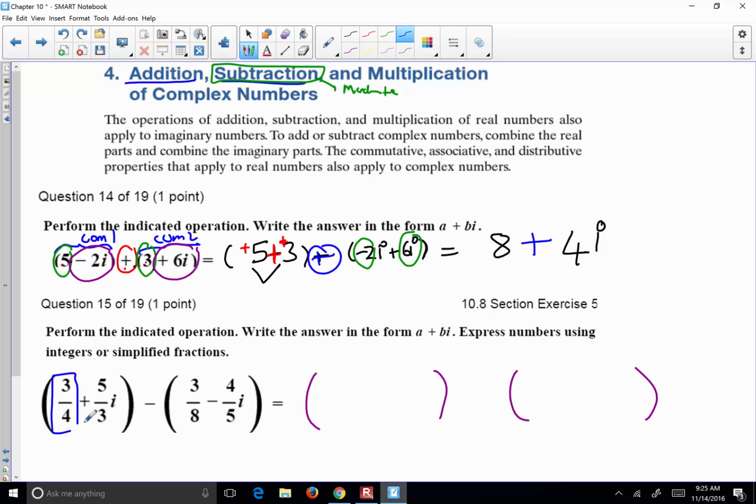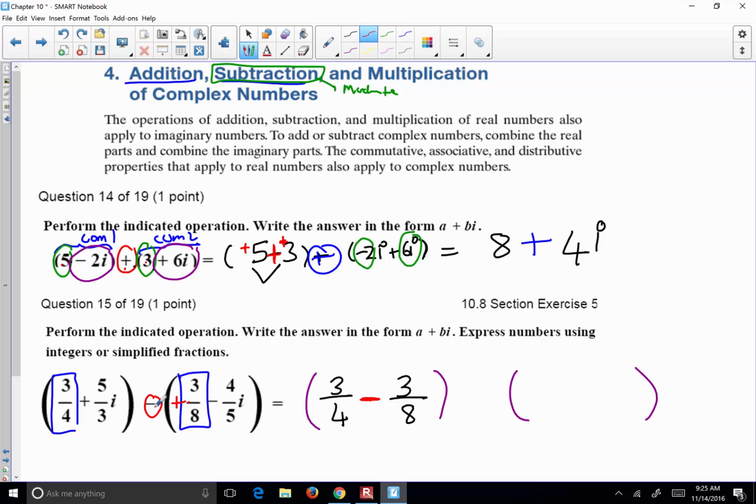Real parts with real parts. So it is 3/4 first one and 3/8 second one. But what is the operation I'm going to put between them? Yes, you will move the sign in front of the second number coming in here and decide the sign in this first parenthesis that way.